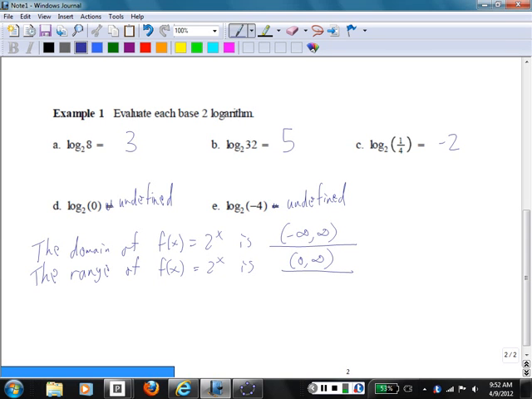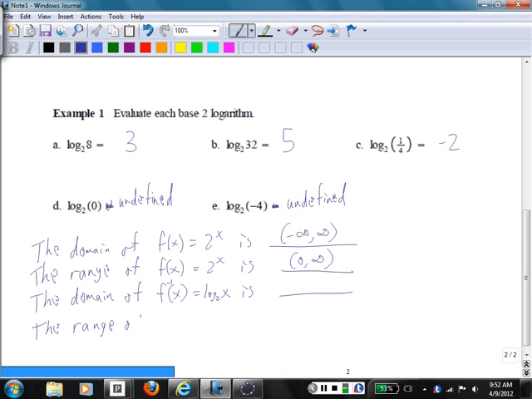When we form the inverse of this, which is the log function, what happens to the domain and range? F inverse of x equals log base 2 of x. At some point along the way, we interchange the x's and y's.